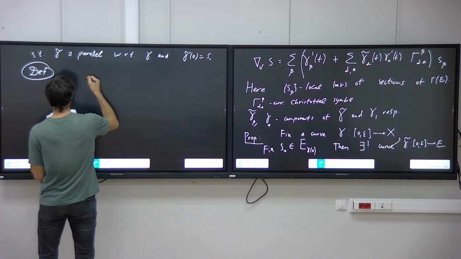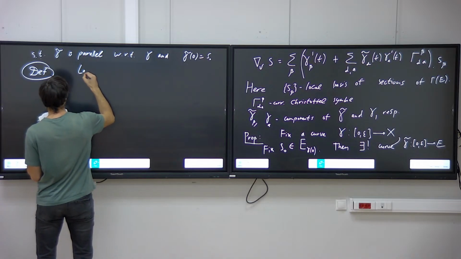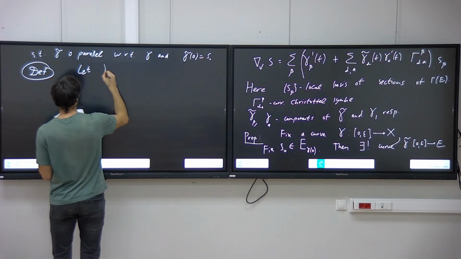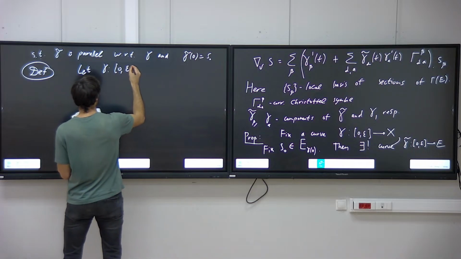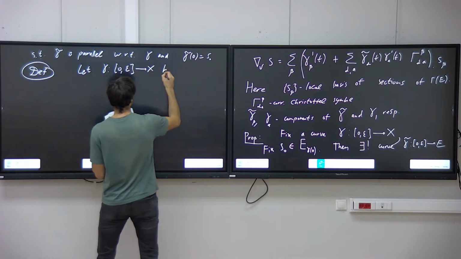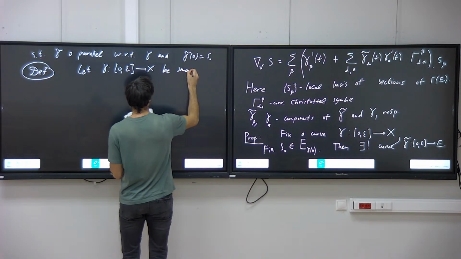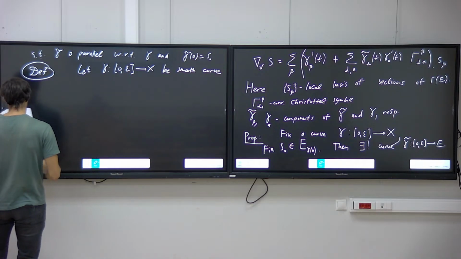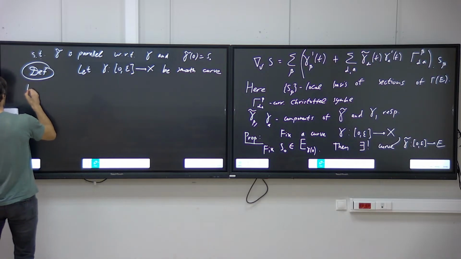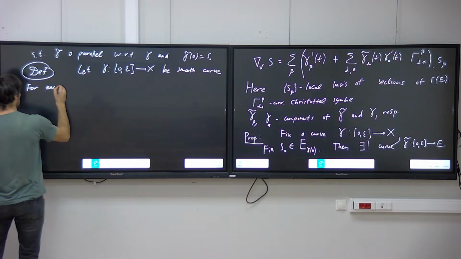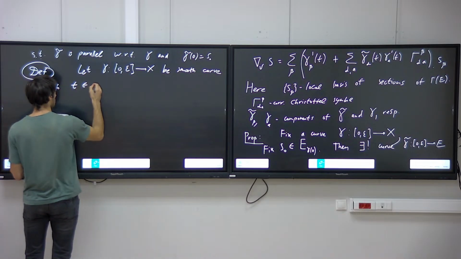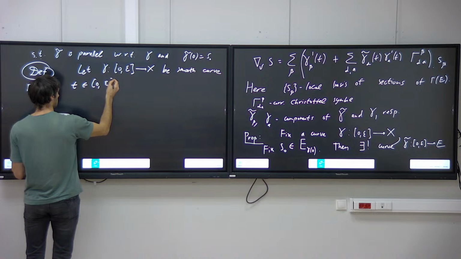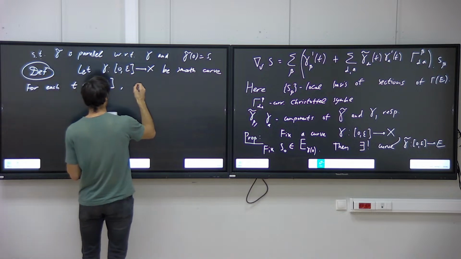Again, I fix a curve in X. The smooth curve. And then for each t from this interval, let me define a linear map.